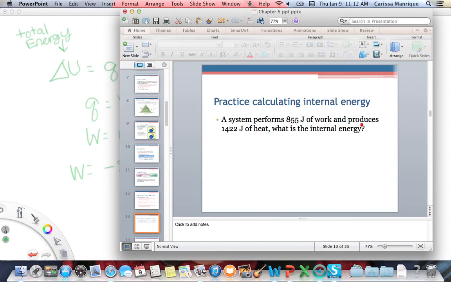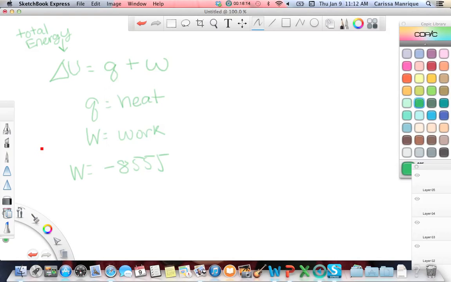And it produces 1,422 joules of heat. So it lets off heat, it releases heat. So that's negative also. So Q is negative 1,422 joules.